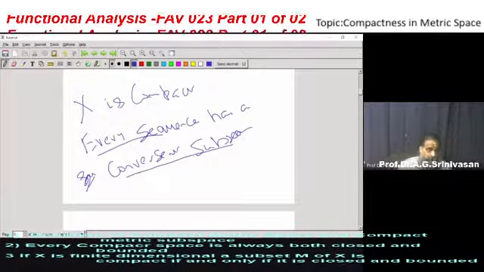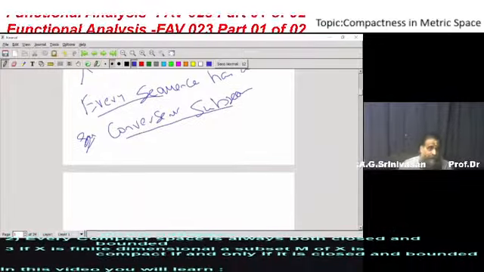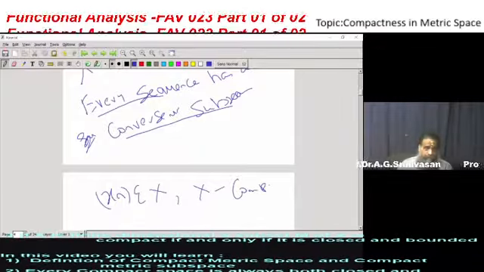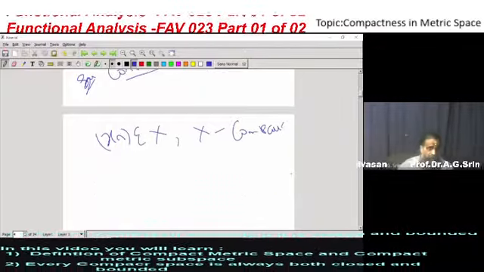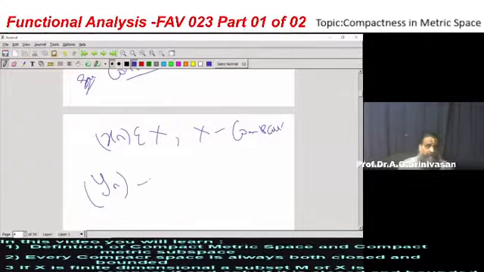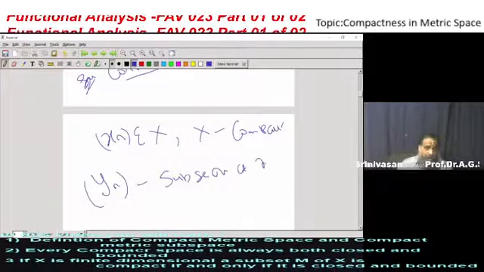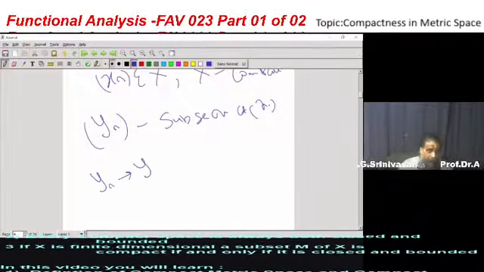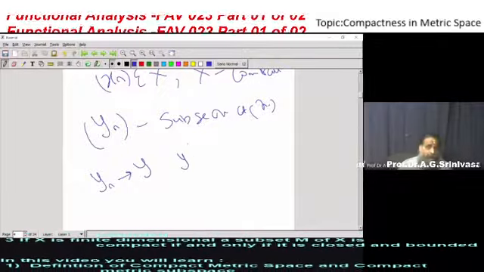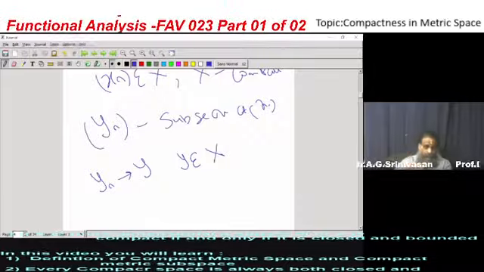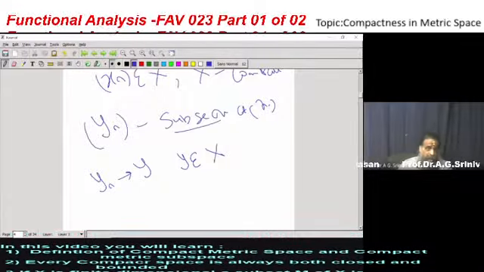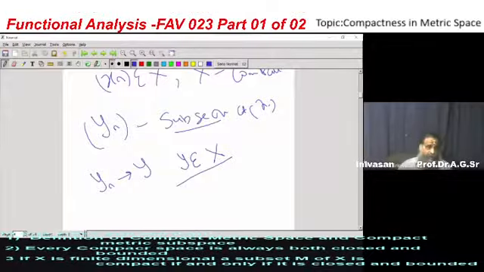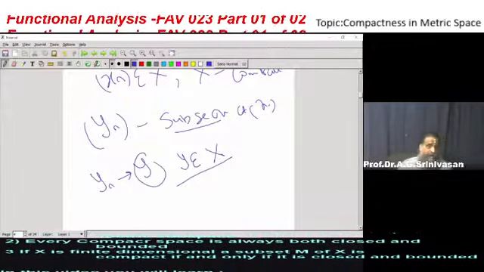Now, when you take a sequence xn in X, where X is compact, if you take yn, which is a subsequence of xn, then if it is compact, yn converges to Y. But what is important is that this Y is a member of X. So the subsequence converges to an element of X. The subsequence limit must be in X.